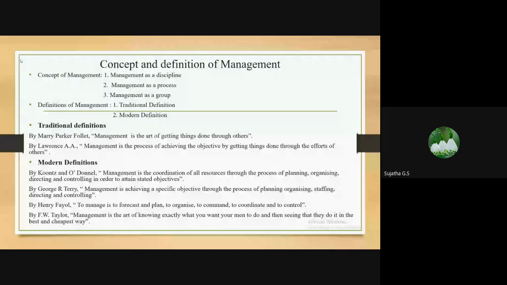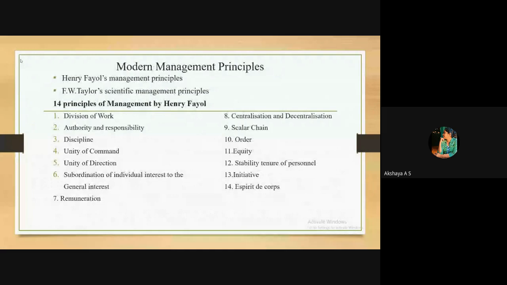Then come the modern management principles and F. W. Taylor's scientific management principles.